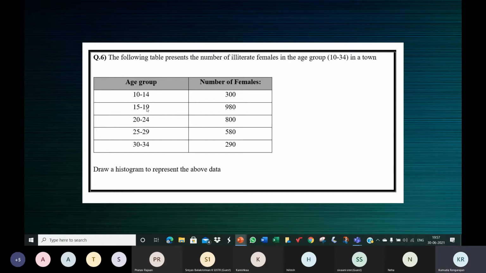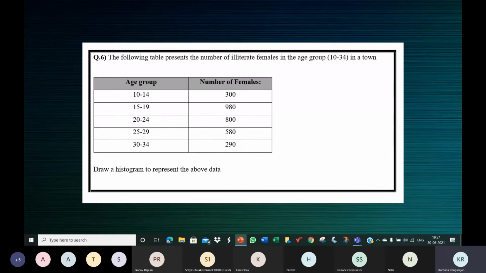So take up any two consecutive class intervals, children. Say 10 to 14 and 15 to 19. What is the lower limit of the second class interval? 15, ma'am.